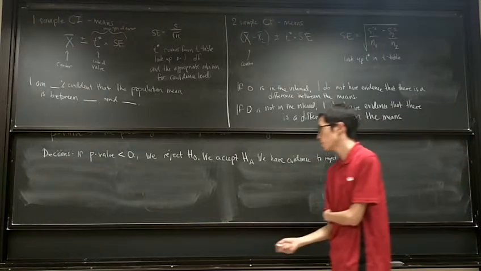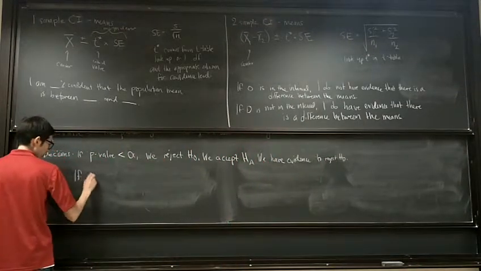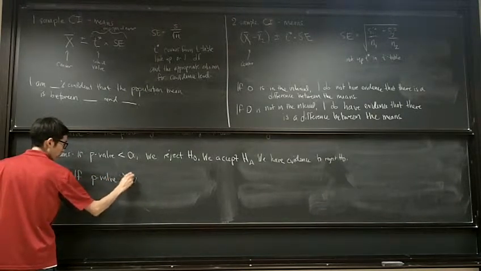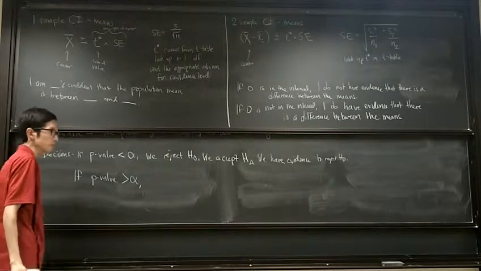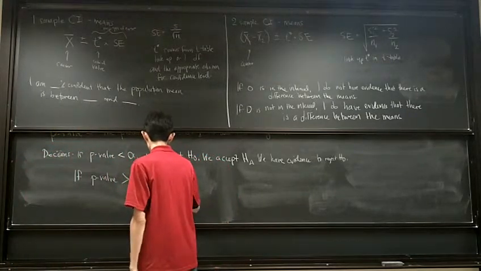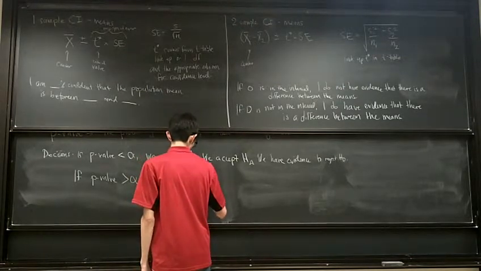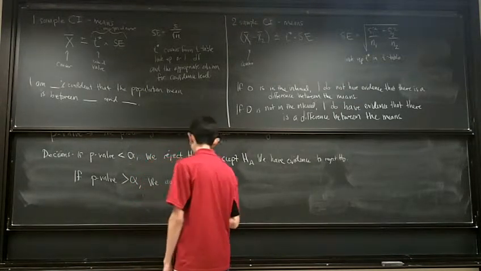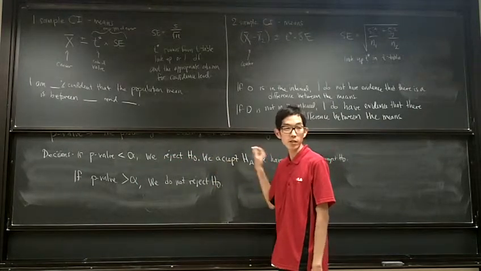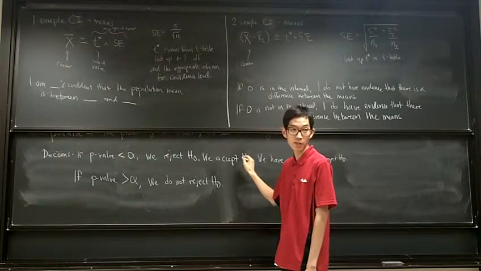On the other hand, if our p-value is greater than alpha, what do we do? We don't reject. So notice I never say I accept the null. When I talk about acceptance, it only is in relation to the alternative.